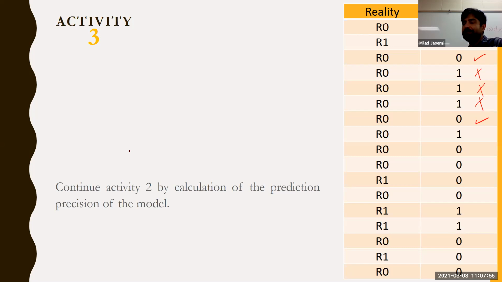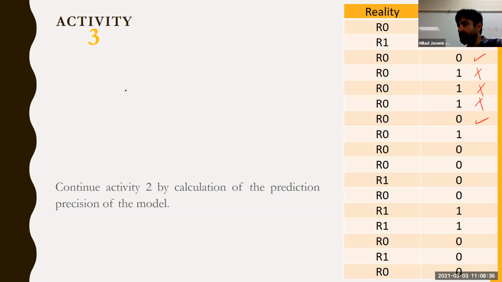That is the more popular way of doing it, because when you get the answer with a prediction table, it tells you more information: how many of the correct predictions belong to reality 0, how many belong to reality 1, and how many of the wrong predictions belong to 0 and 1. It gives you more information than just calculating the precision.